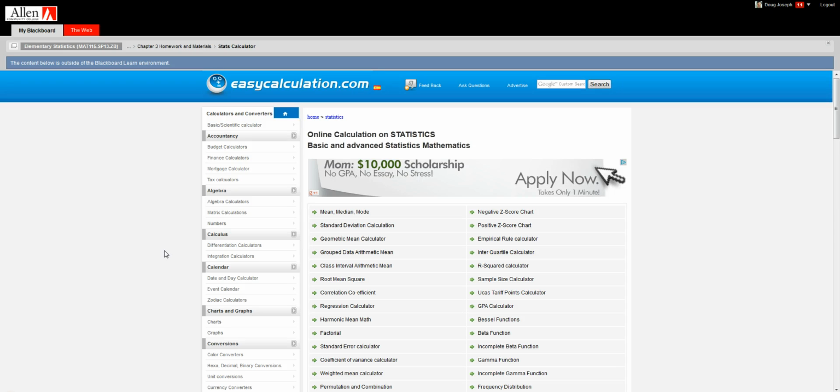The stats calculator allows you to do things on the computer and either check your work or use it as your answer in some cases. We have a calculator for the mean, median, and mode. We have a calculator for the standard deviation. We have a geometric mean calculator, as well as various others. Right now, we're going to focus on the standard deviation calculator.